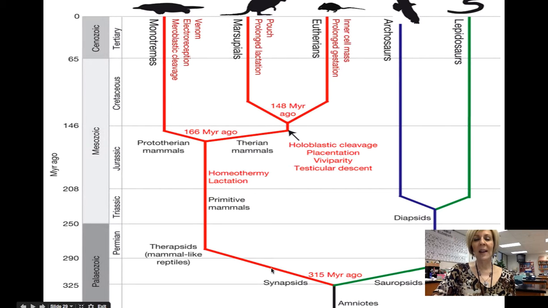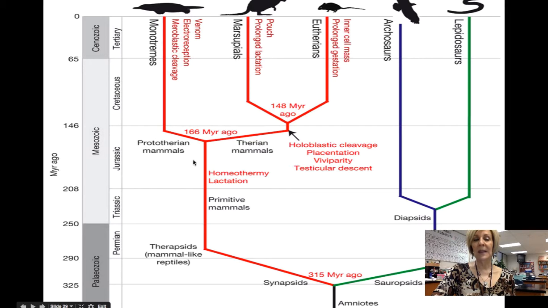We had a particular type of organisms called the synapsids, and then finally the therapsids, that were more mammal-like. These are going to develop into warm-blooded organisms, meaning we can control our own body temperatures.